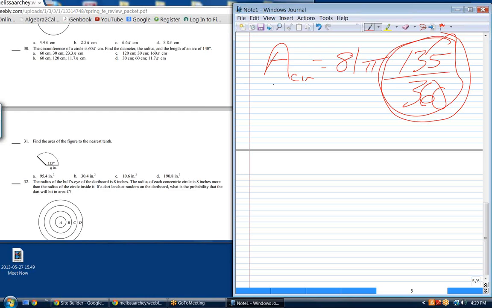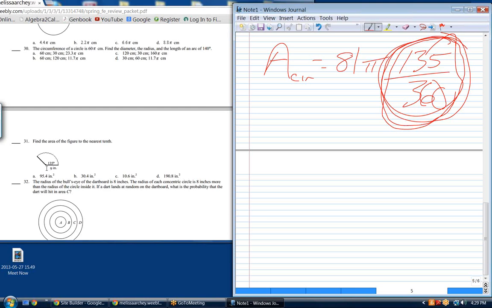So it doesn't matter whether it's area or circumference or length of an arc. We have to find the ratio of the full circle, and we always do that by taking this angle and dividing it by 360. That gives us that this is about a third of a circle.